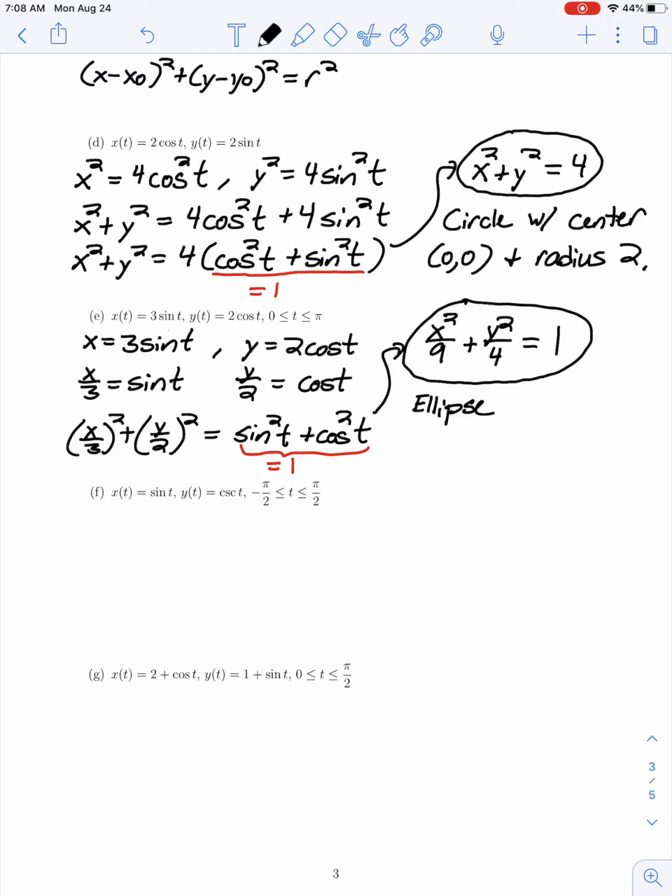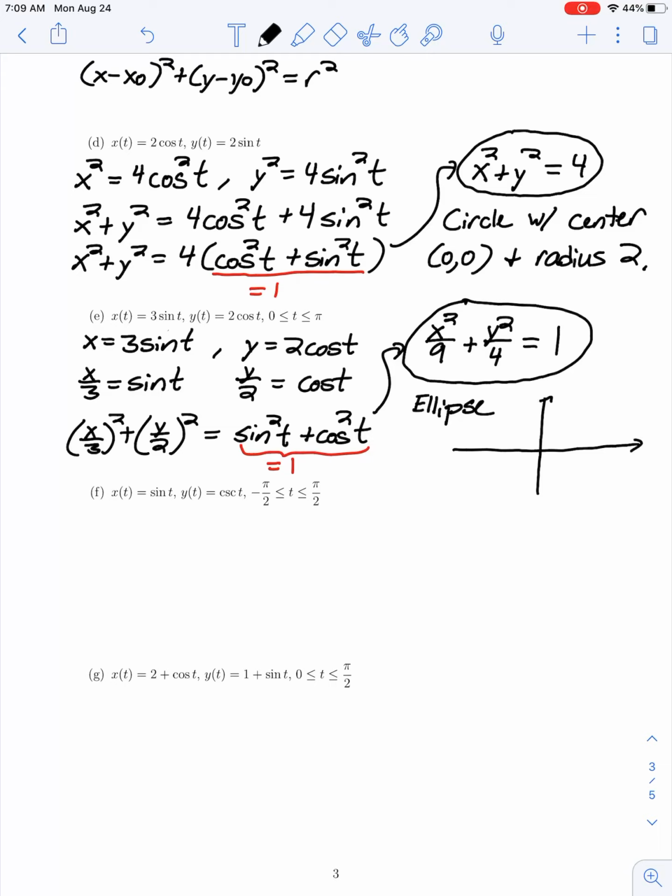So it's like the equation of a circle, but we have different coefficients for our x squared and y squared. So it's a circle that's sort of elongated along one axis, which gives us an ellipse, or sort of an oval shape.